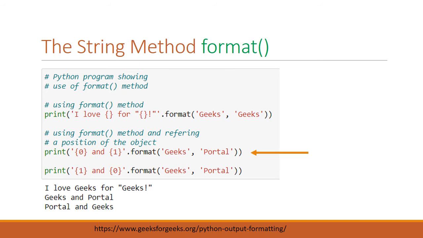Then we take that string constant and call the format method. We have two arguments within the format method, geeks and portal. The Python interpreter will take the first argument within the format method and assign it to the curly brackets with position 0. It'll take the second argument and assign it to the curly brackets with the 1.